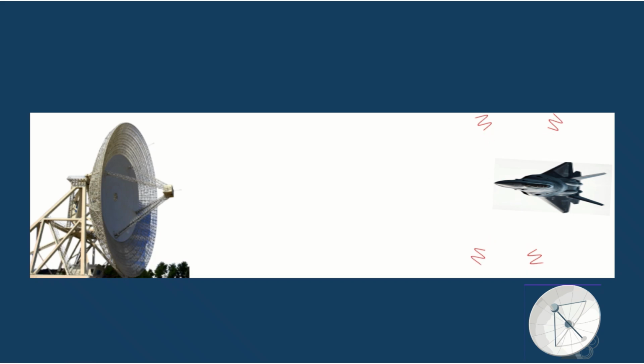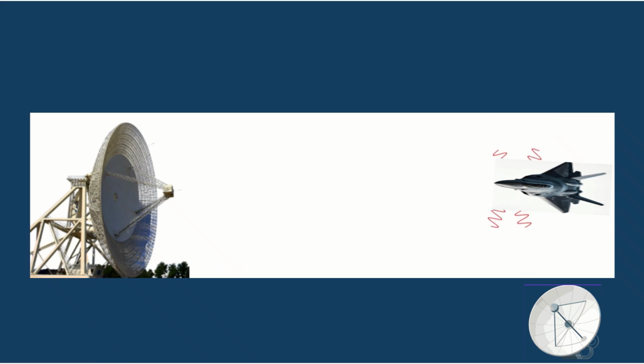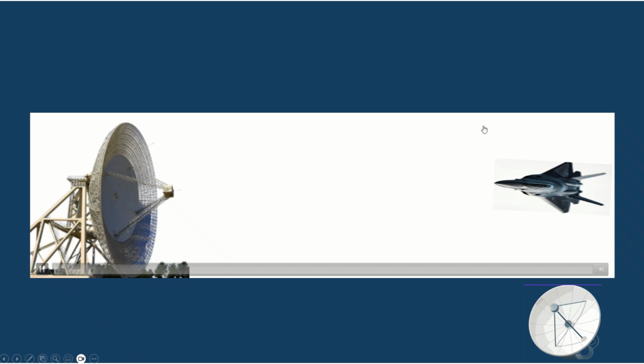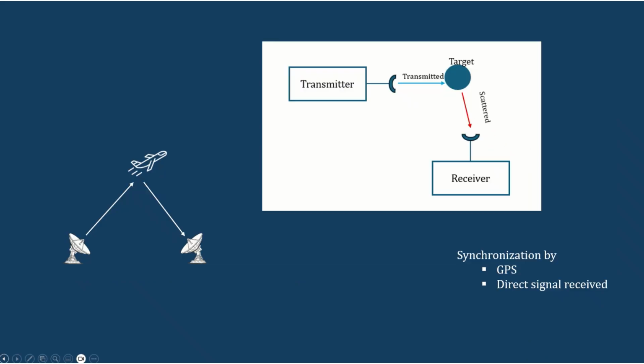But completely avoiding the scattering as well is a complex technology because we have to have complex geometry to avoid any type of scattering. So in common cases, there will be some sort of scattering, and based on the bistatic radar positions, we will be able to detect even the stealth aircraft. So that is the idea of the bistatic radar.